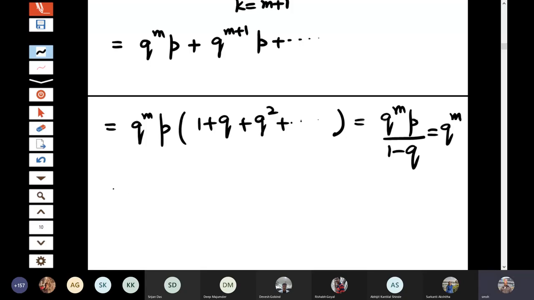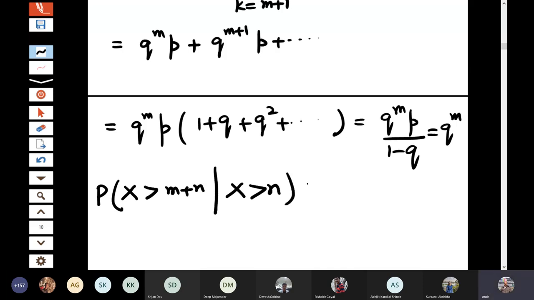Now let me look at another probability. What is the probability that the success has not been achieved in m plus n trials, given that the success has not been achieved in n trials? So that means up to n trials the success was not there.